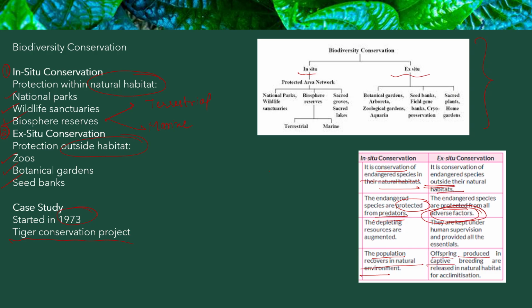Offsprings produced in captive breeding, released in natural habitat. Like when you ship them to zoos and all, they are not exposed to the forests and the natural area where they belong to. Therefore, the role of captive breeding comes into picture when they have to produce the offsprings.